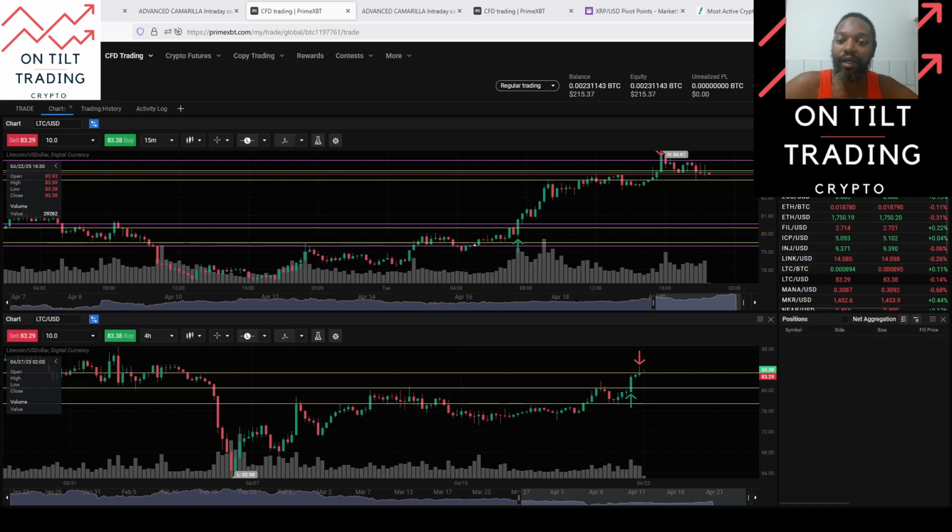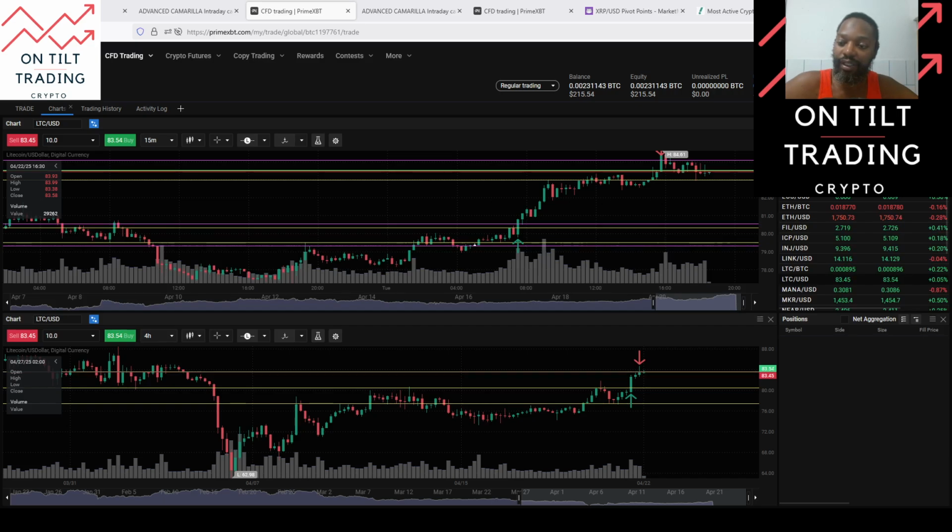This was after the New York close, I believe 5:30 Eastern time, where Tesla had earnings after the New York close today, and then at 5:30 had a Q&A or some type of press event where this price action occurred that got continuation of the trade.